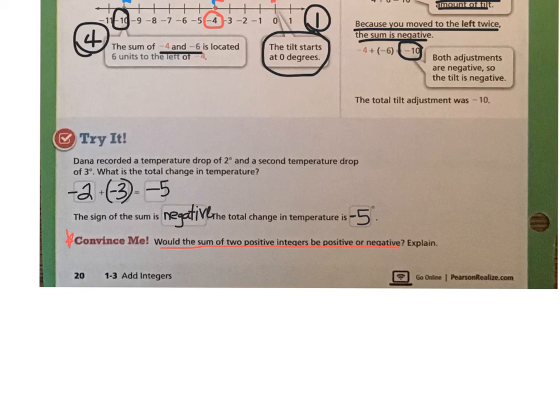The last thing on this page is the convince me. Would the sum of two positive integers be positive or negative? Explain. Well, remember, two positive integers move to the right. And since they move to the right, the answer will be positive because the positive numbers are to the right of 0.